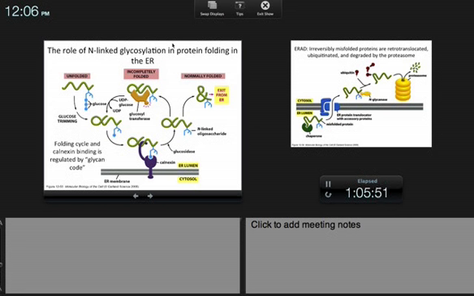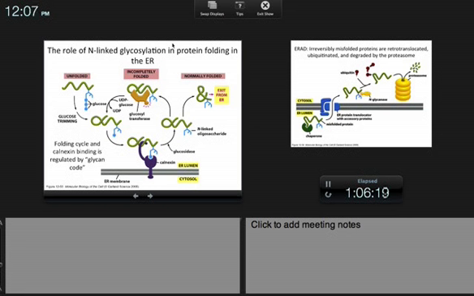If it's not properly folded, then another enzyme will come and add sugar again. And it'll be bound again, and it'll participate in folding again. And it'll get cleaved off, and so on, until either the protein's folded properly and it can leave and bud out of the ER in a vesicle to go to the Golgi, or it will be modified in a different way with different sugars.